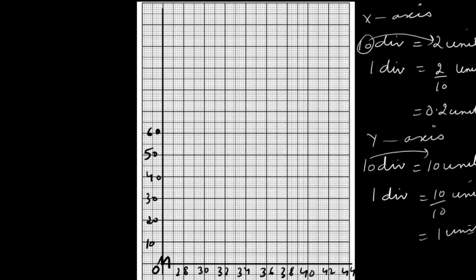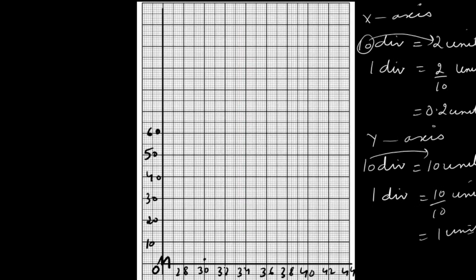Now let's plot the points. The first one is 30, 2. Then the second one is 32, 6, which is 1 unit above 5. I am marking it on the graph.